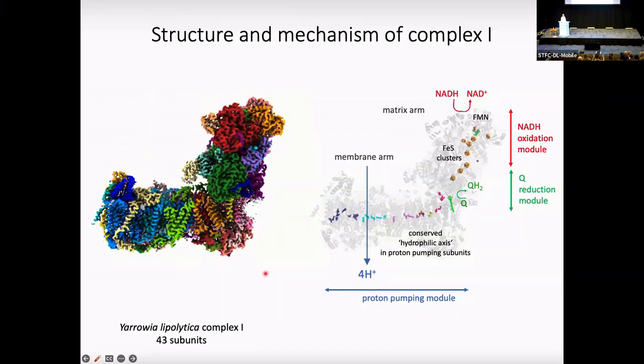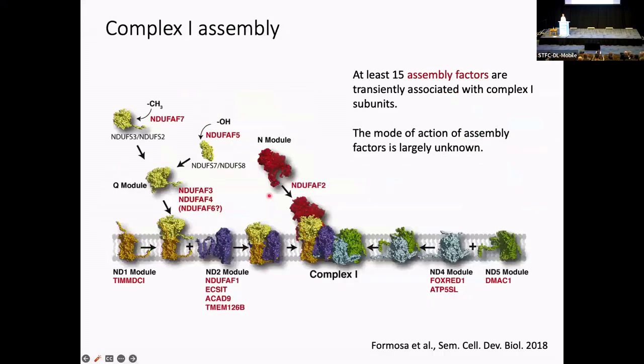And this is not a spontaneous process, but it requires at least 15 assembly factors in humans, which are proteins that are transiently associated with subcomplexes of complex 1.